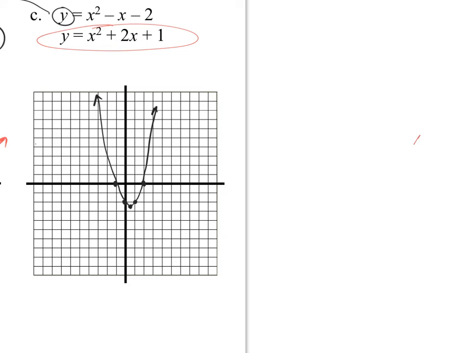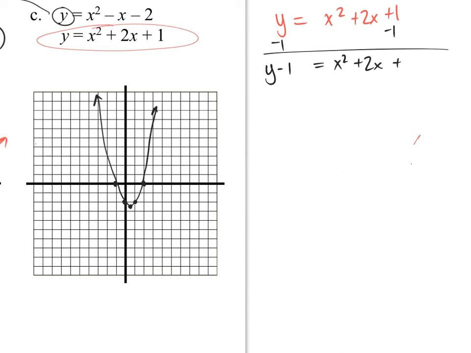I'm going to complete the square on y equals x squared plus 2x plus 1. And to do that, I'm going to first start by subtracting 1 on both sides, which gives me y minus 1 equals x squared plus 2x. Let's add in those blanks, and let's fill in those blanks by dividing by 2 and then squaring.